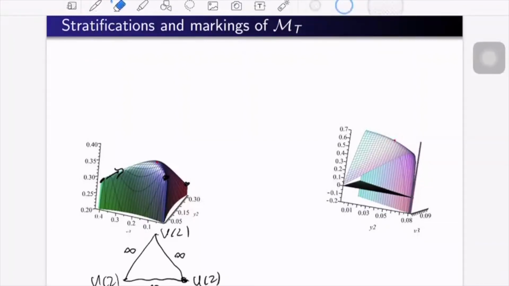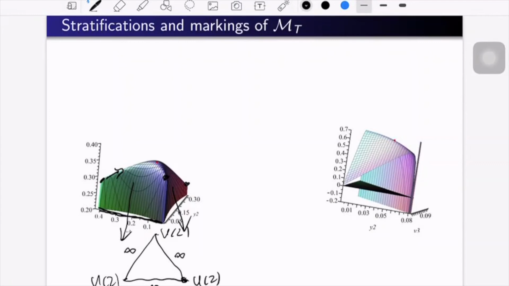And in the picture, you can recognize this, right? So here's my infinity strata. The boundary of my triangle is right here. Scalar curvature goes to minus infinity along this side, along this stratum. Here it goes to minus infinity along this stratum. Here's a finite value, and it has data associated to it, the value at infinity and the derivative.